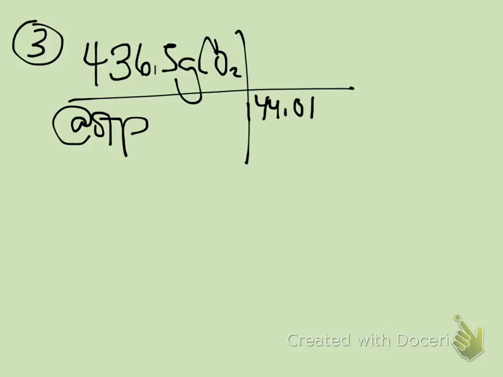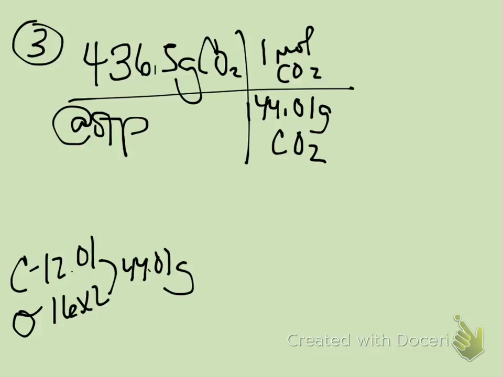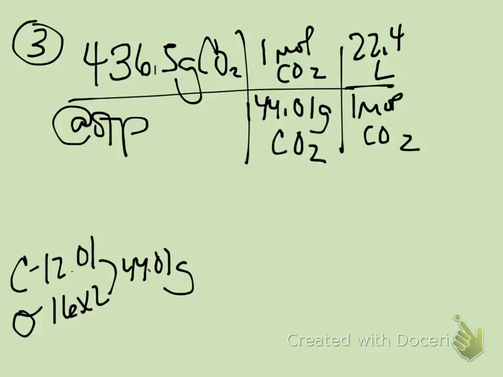So 42.01 grams of CO2, which we got by doing this, is equal to 1 mole of CO2. And of course we know that 1 mole of CO2 at STP occupies a volume of 22.4 liters.